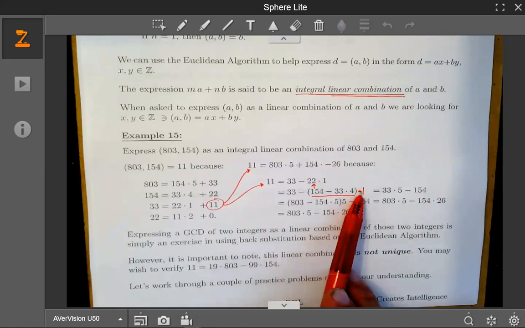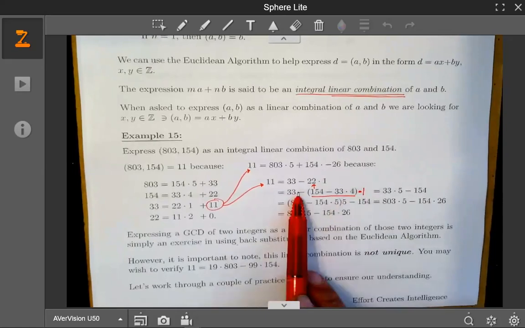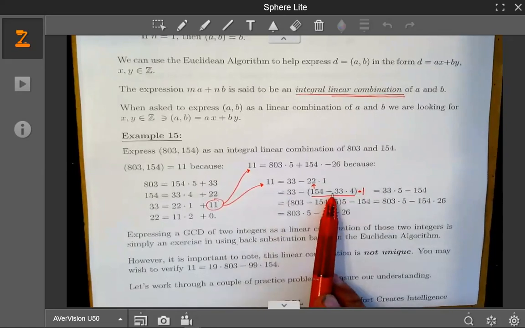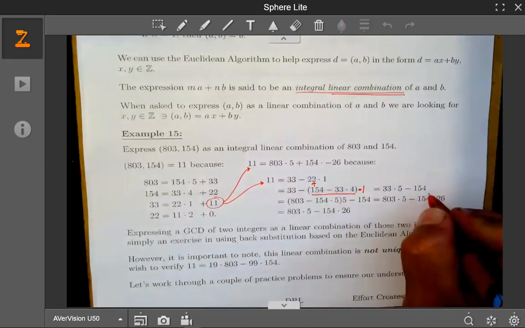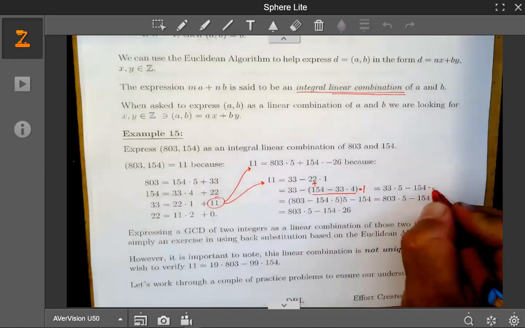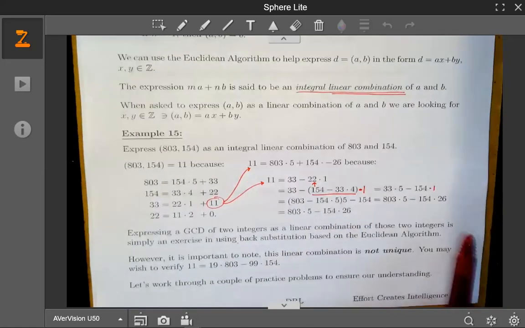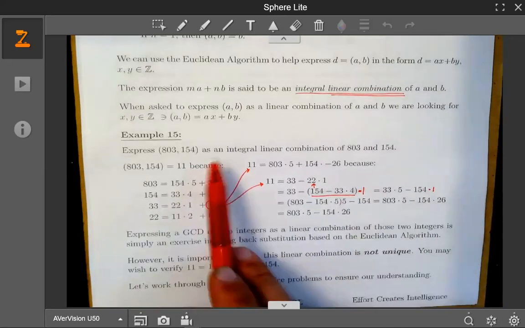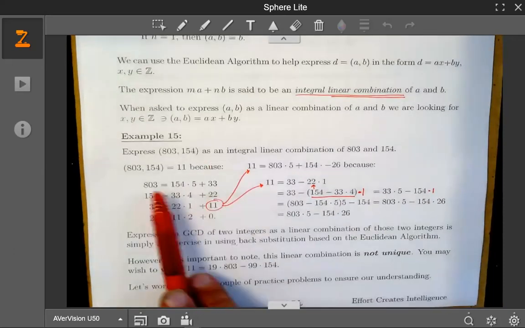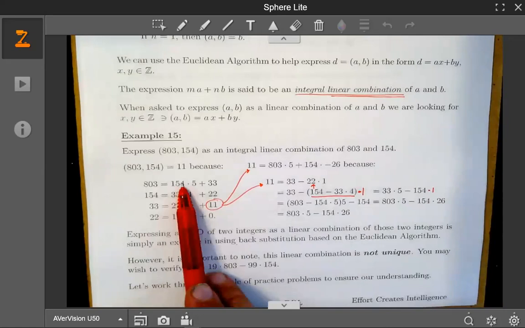If I do my distribution, a negative times a negative is going to be a positive. So I have 33 times 5 minus 154, and of course we could do the implied one there. But what does 33 equal? 33 is 803 minus 154 times 5.